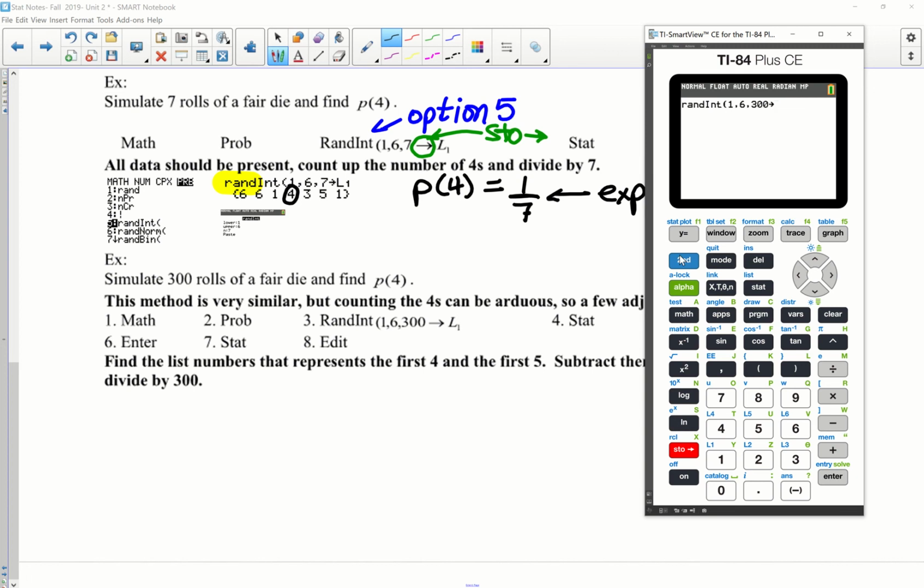This time we definitely want to store it in L1. Before it was kind of a luxury to build up muscle memory. Now we've got to do it. Math, probability, option 5. It's the same process as the last one, except we're putting 300 in instead of the 7.